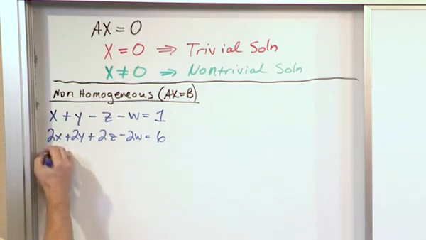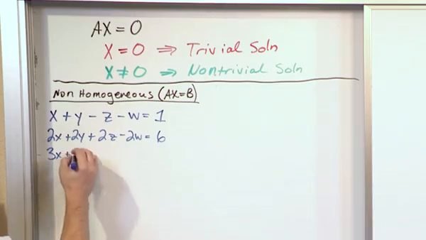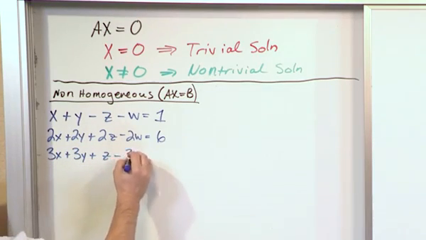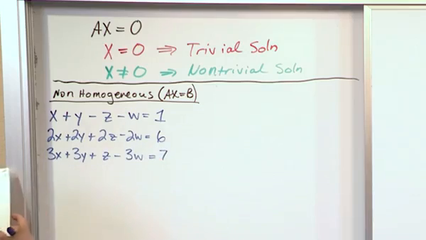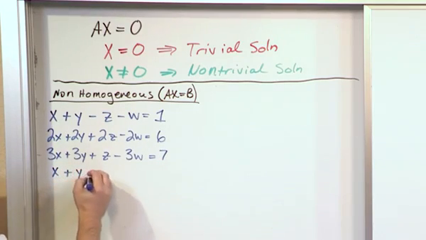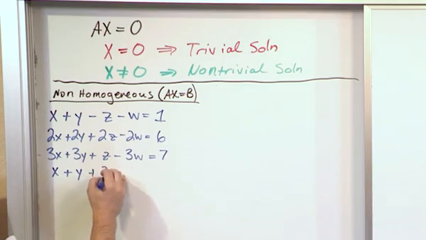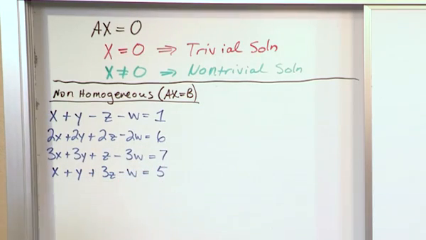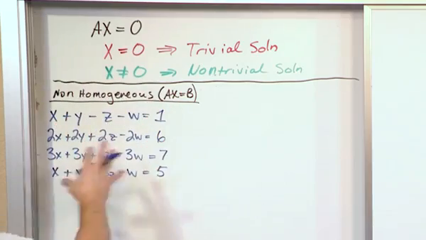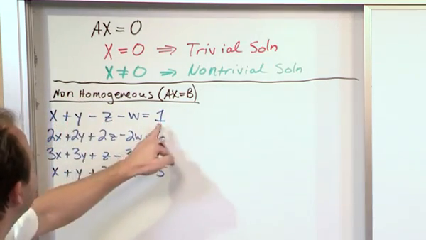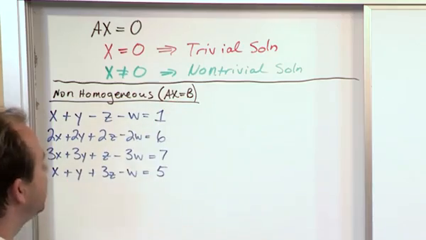The third equation is 3X plus 3Y plus Z minus 3W is equal to 7. And the fourth equation is X plus Y plus 3Z minus W is equal to 5. So this is what we call the non-homogeneous set of equations, because there are numbers on the right-hand side of the equal sign.